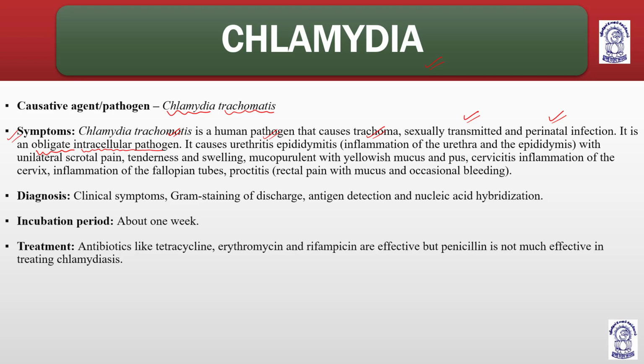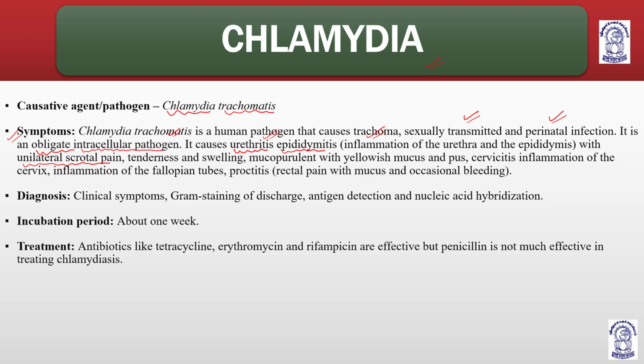The infection caused by Chlamydia trachomatis basically involves the perinatal and the genital regions. It causes urethritis, inflammation of the urethra, and epididymitis, inflammation of the epididymis, with unilateral scrotal pain.